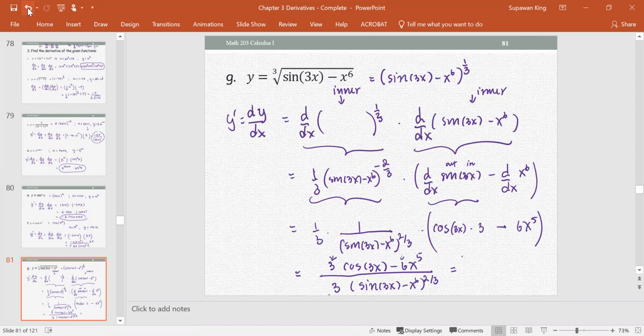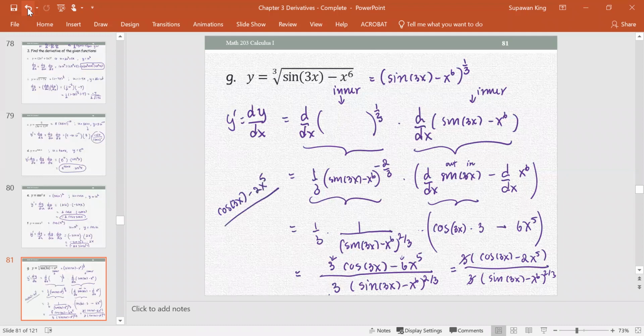So factor the 3 out to get cosine of 3x minus 2 times x to the 5th, divided by 3 times the quantity sine of 3x minus x to the 6 to the power 2/3. 3 and 3 can be reduced, so the final answer would be cosine of 3x minus 2x to the 5th, all divided by the quantity sine of 3x minus x to the 6 to the power 2 over 3.